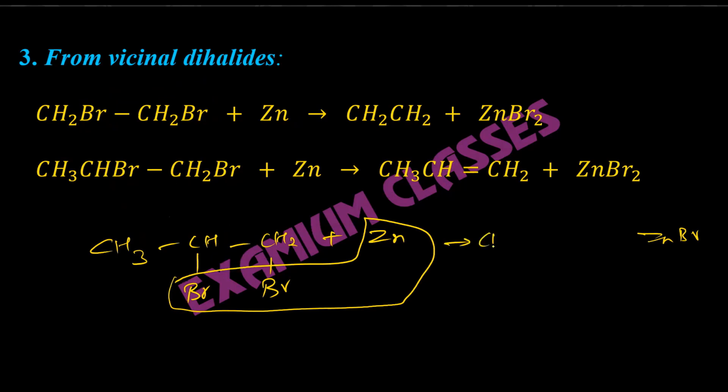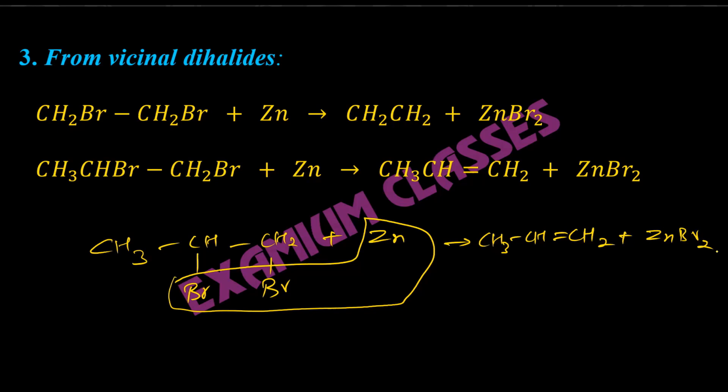It will be CH3, CH double bond CH2, plus zinc bromide. Similarly, you can use other halides also. So from vicinal dihalides, you can produce alkenes. Two adjacent halogens you can remove by zinc.